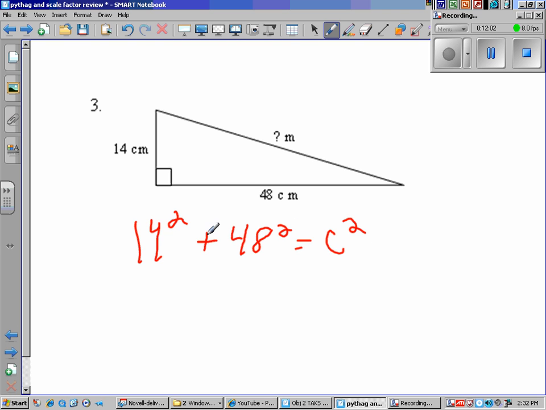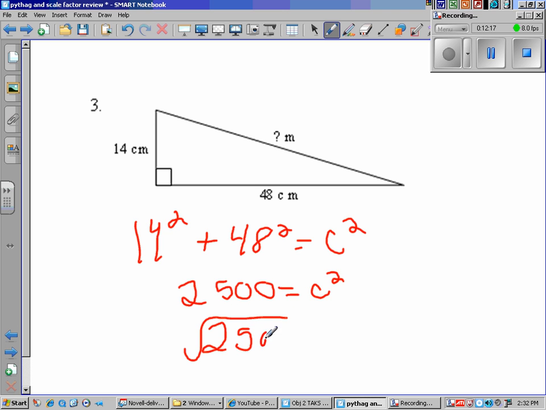You put that in there together, you get 2,500. Then you'll go and take the square root of that. So I have the square root of 2,500, which is 50. So my missing side is 50.